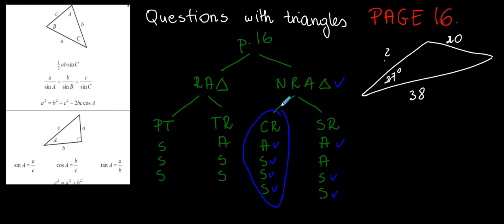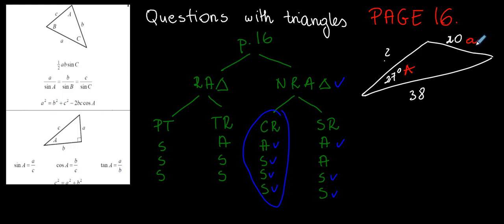So again, as with the right angle triangle, now we have to put these letters into our own triangle. Again, we start with the reference angle given to us. That is our angle, so that's going to be our capital A. Now you can see that the side opposite is going to be a small a. So the side that is opposite that angle is 20, that's going to be a small a.